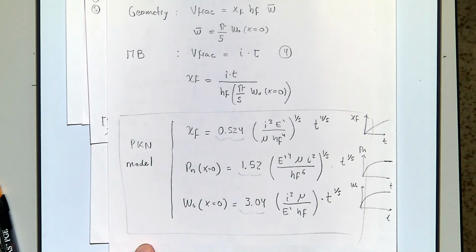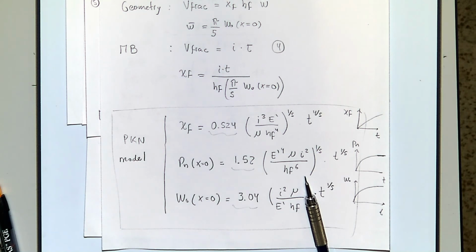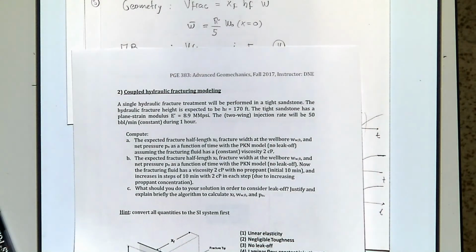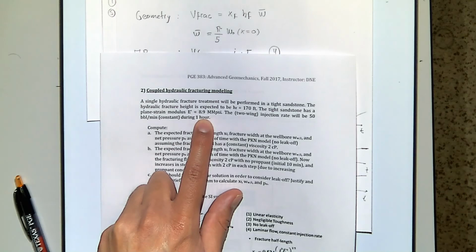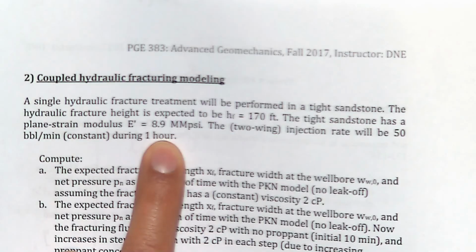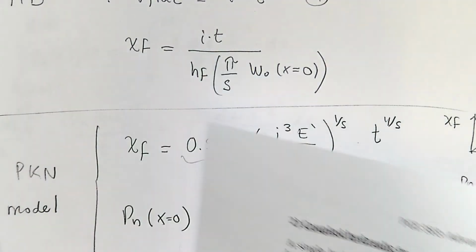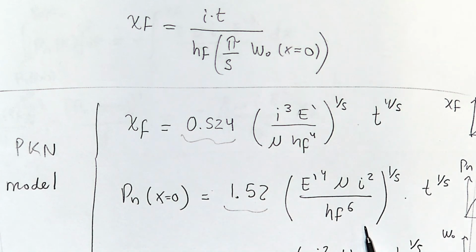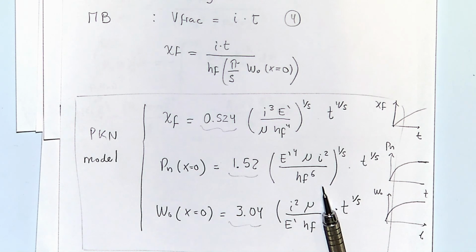So when you solve this problem, and actually this is problem number 2, I'm giving you numbers in field units, but I strongly recommend that you convert all of those numbers to SI units before putting them in these equations, because otherwise it's going to be a big pain to work everything in field units.